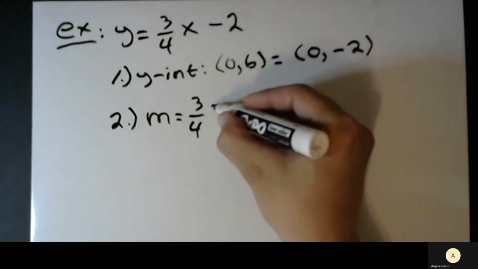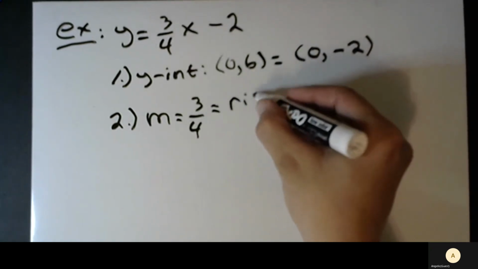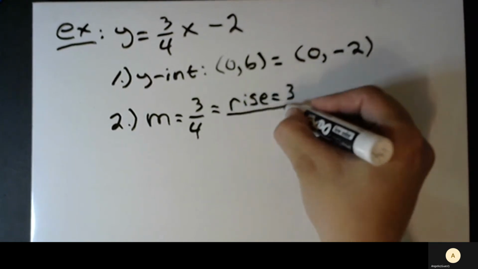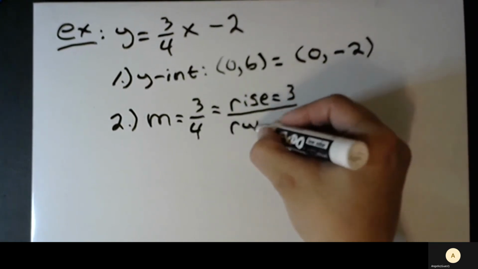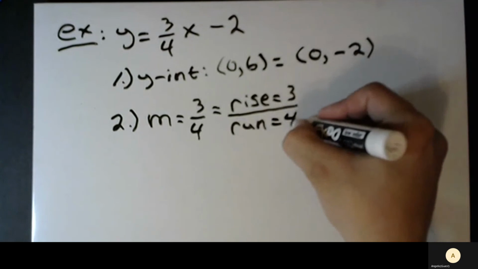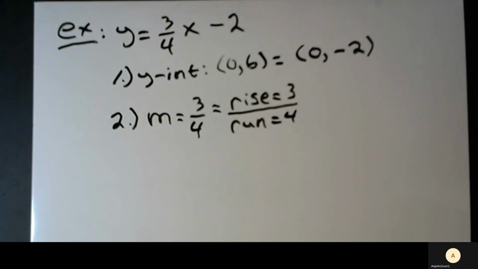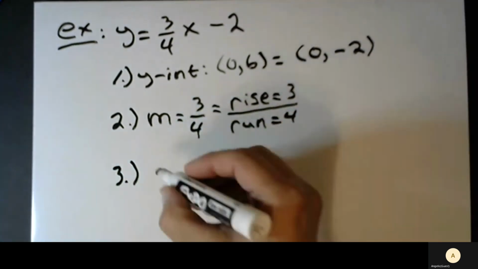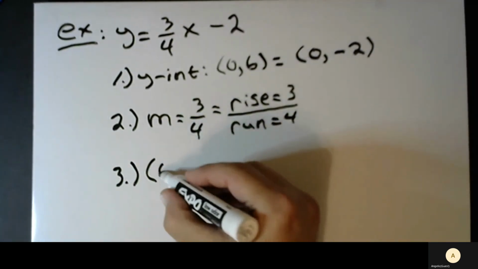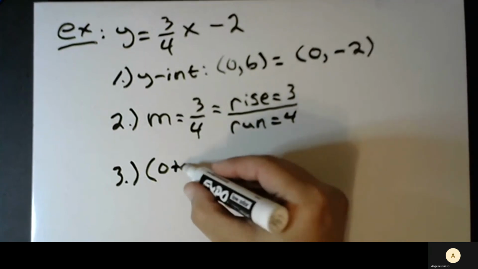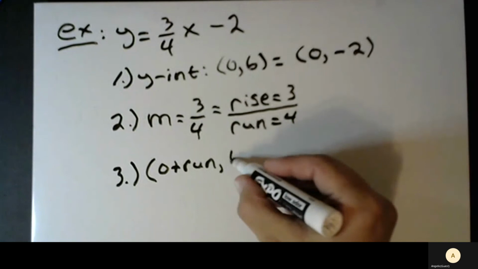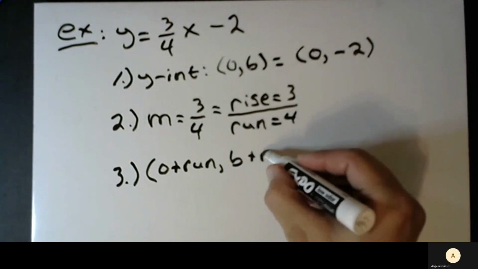So you have a rise of 3 and a run of 4. And so now for our second point, we'll take 0 plus the run, comma, b plus the rise.